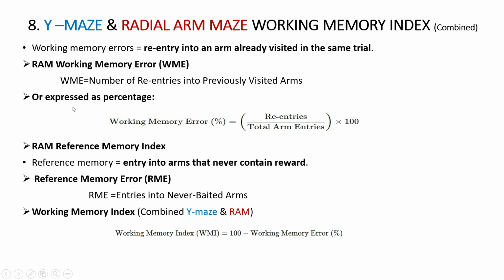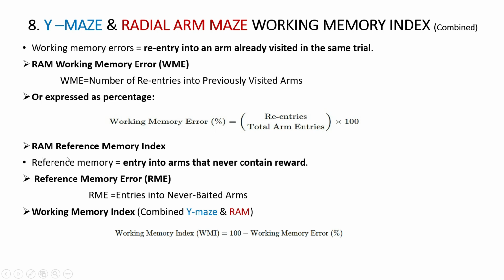We can express that as a percentage: working memory error percentage equals re-entries divided by total arm entries, into 100. So this is the formula by which you can calculate working memory error percentage.